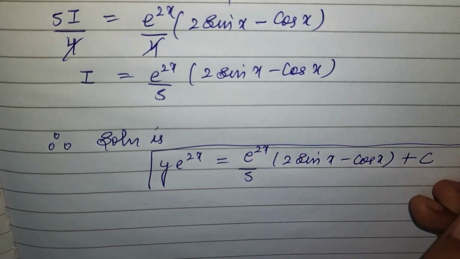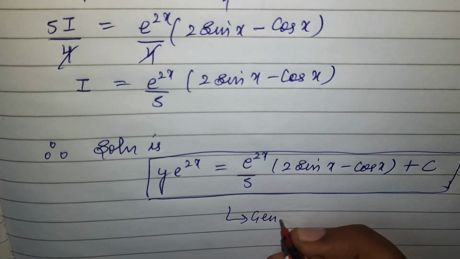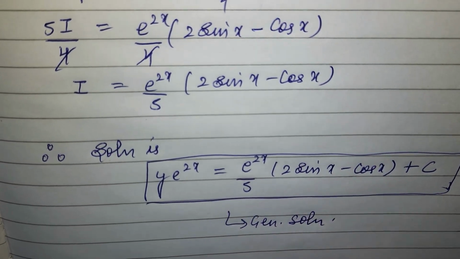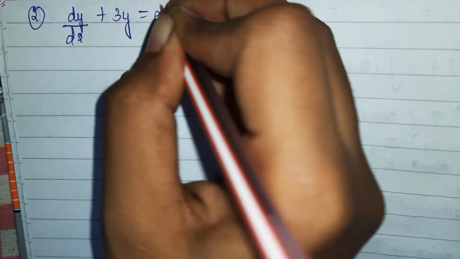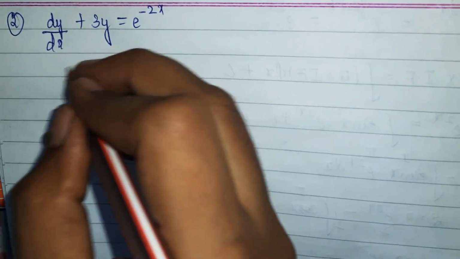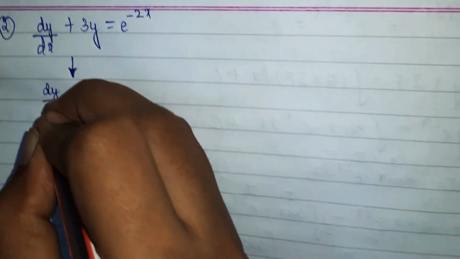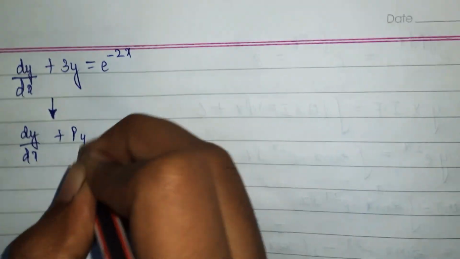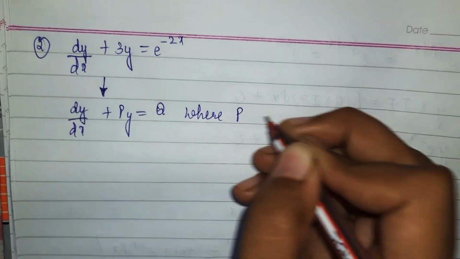So this is your final general solution. Now come to the second question. In question number 2, they give you dy by dx plus 3y equals e raised to the power minus 2x, which is again of the form dy by dx plus py equals q, where p is 3.